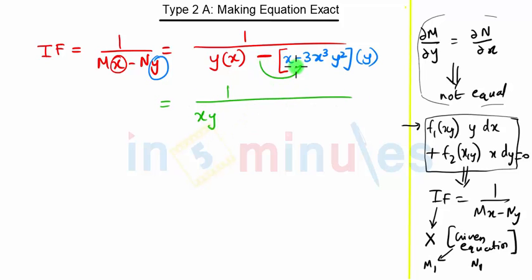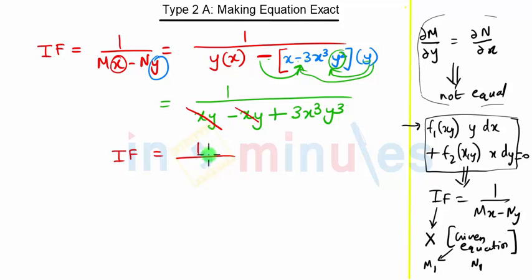This minus sign will go inside, then we will get minus xy, and this y will also get multiplied to each of the terms. So we get x into y, and minus will become plus. And this y will be multiplied by this y square, so it will be 3x cube y cube. So we can cancel this xy and minus xy. Then we will get the integrating factor as 1 upon 3x cube y cube. So this is our integrating factor.